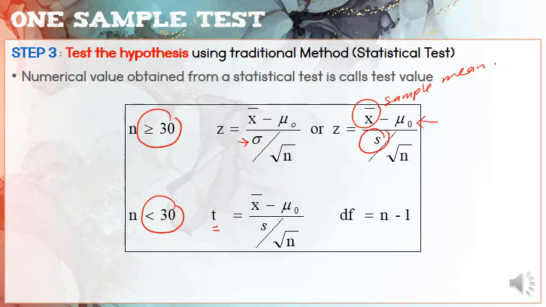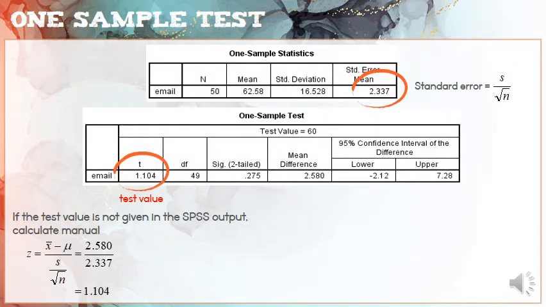Okay, with degree of freedom N minus 1. So, dalam contoh tadi, okay, kalau soalan kata guna statistical test, then awak kena cari Z atau T. Dalam soalan ni, because you ada N 50, then kita pakai Z. Sebab N greater than or equal to 30.